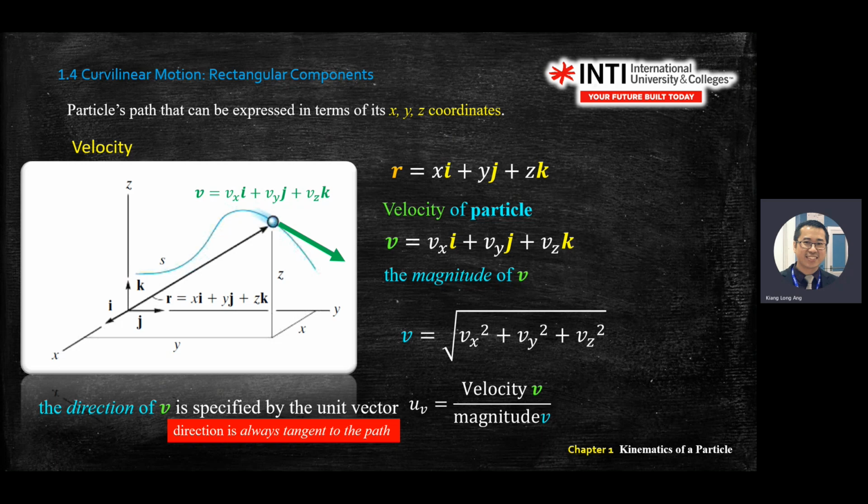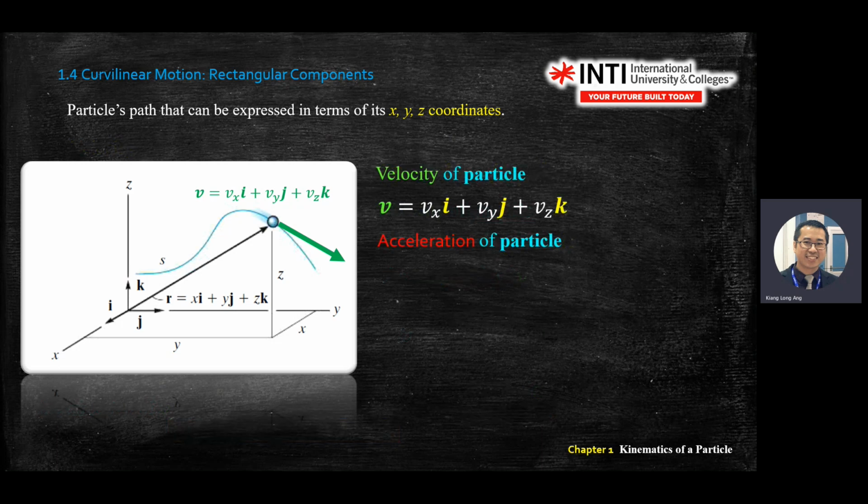We have done position, velocity, and acceleration. Acceleration, repeat the same process. But looking at this diagram, where is the particle, and where is the direction of acceleration? Go inside. So for acceleration, same: a equals dv/dt. This is dv, right?